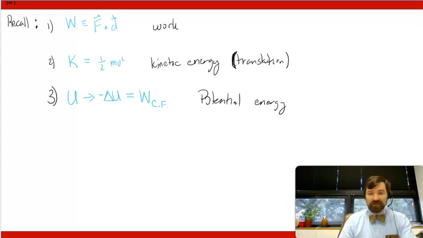Now a distinction maybe needs to be drawn between what we've written for step 1, the work done by a force in general, and what I've written for point number 3, the work done by a conservative force. This is how much work any given force could do.